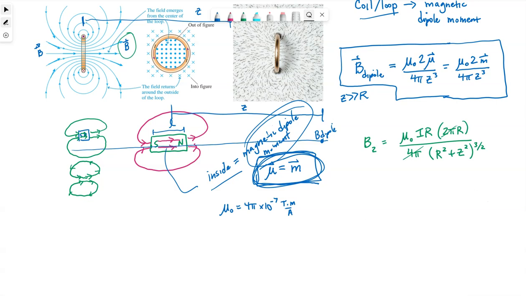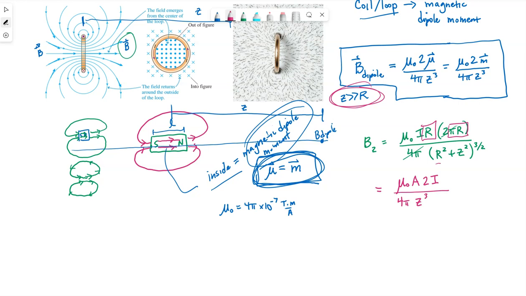So I intentionally grabbed the step before because pi r squared is A, the cross-sectional area of the loop, and then I would still have 2 times I over 4 pi, but again, we're making the assumption that Z is a whole heck of a lot bigger than R. If that's the case, the R squared term is insignificant.